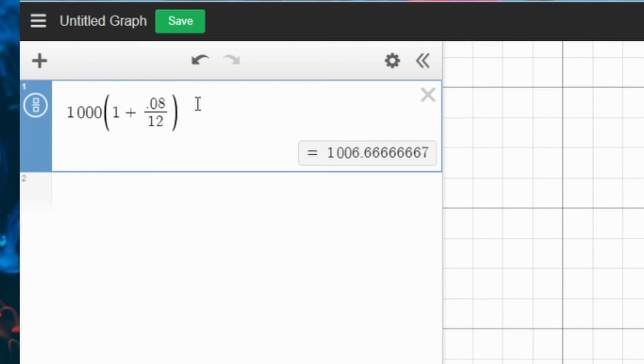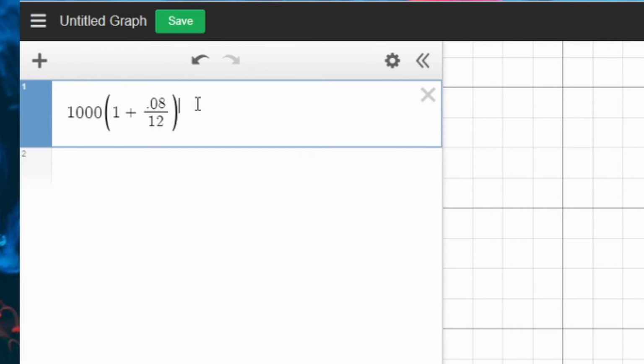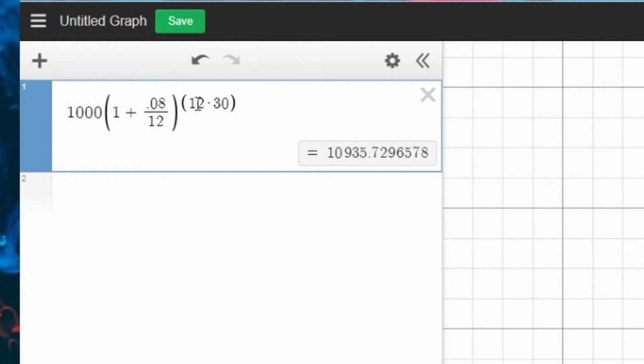And that's my monthly compounding rate, but then I need to raise it by the number of compounds I'm going to do, which we already wrote out as 12 times 30. So after 30 years, we're going to have $10,900 and about $36.